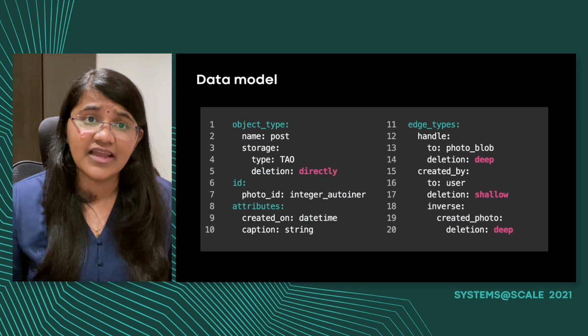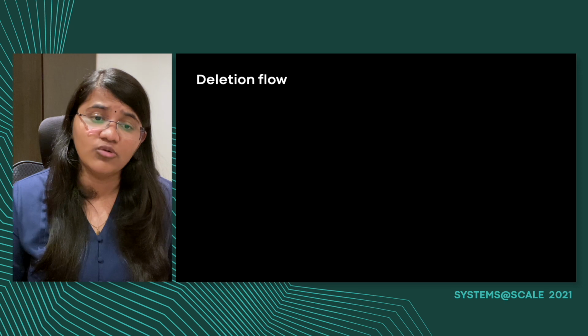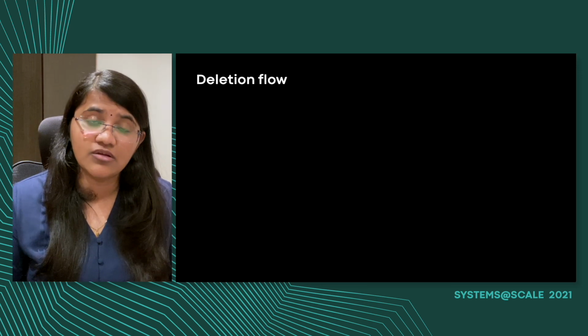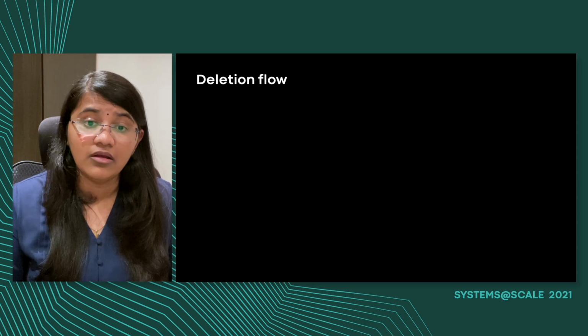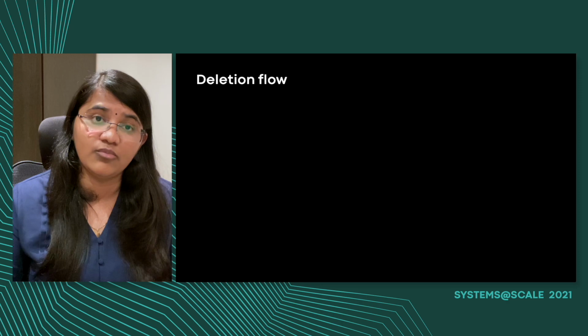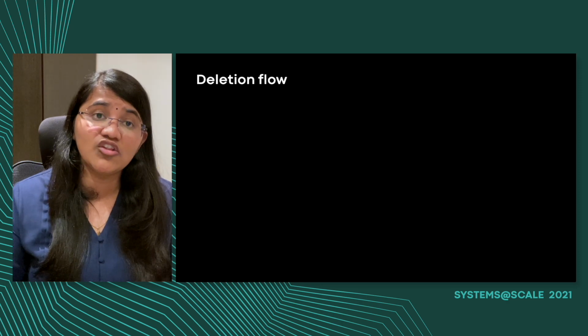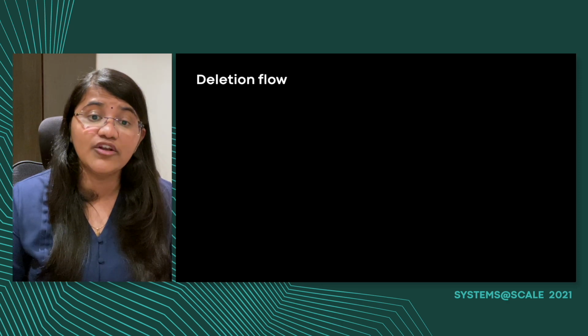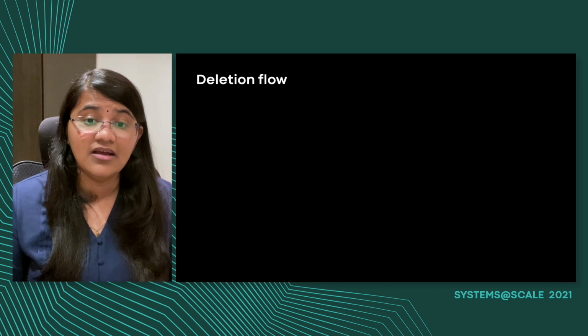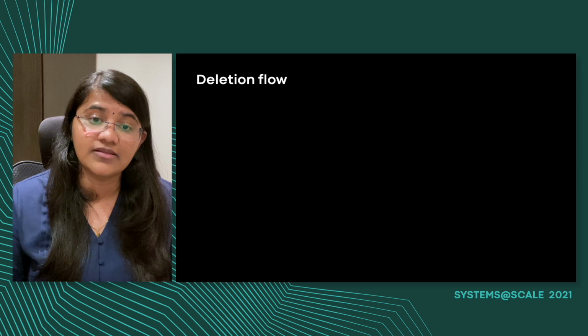Now, let's understand how the deletion flow works. Suppose we have a famous celebrity that has deleted a post. We need to delete all the million likes and thousands of comments associated with that post. Now, it's not possible to delete all this data in one web request, as this data is spread across many storages.